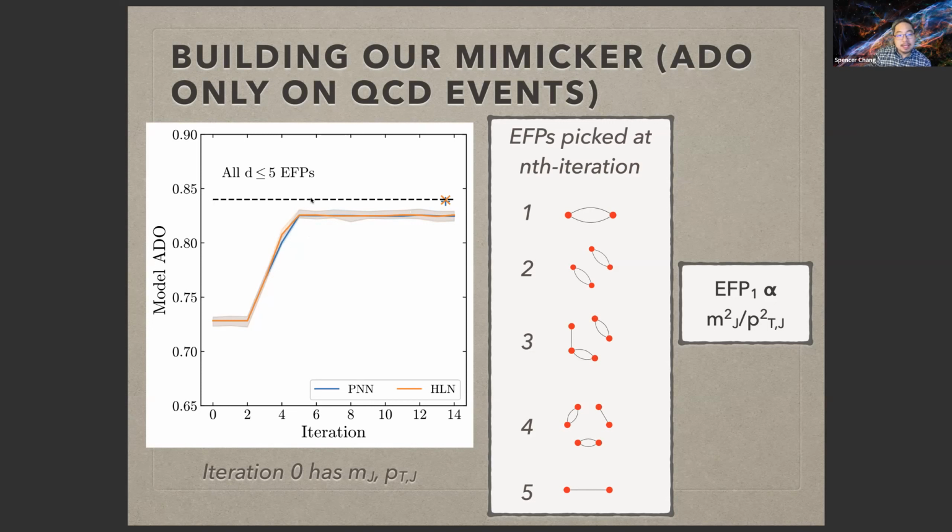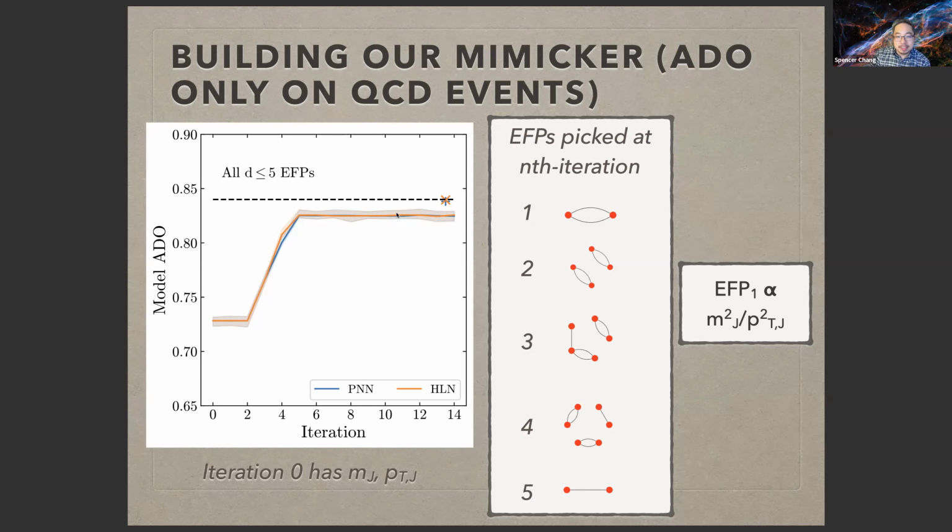The result that we think is the best we can do is this: because we generated all the energy flow polynomials with 5 edges, we just threw in all of them without worrying about which is the most important, and we get this performance. The spread in this should be similar to the spread here.